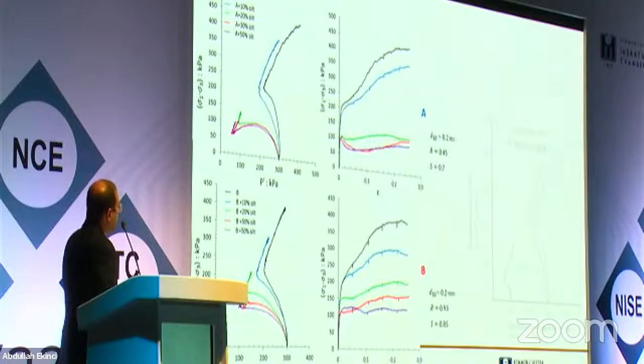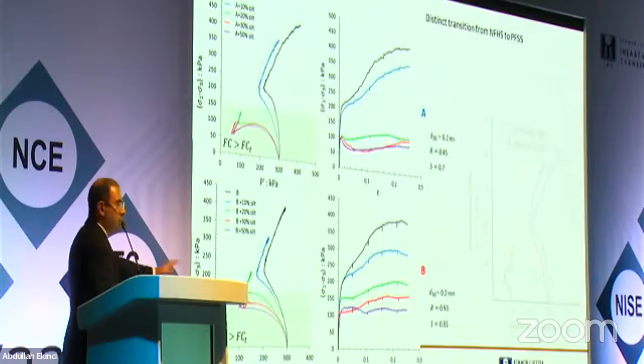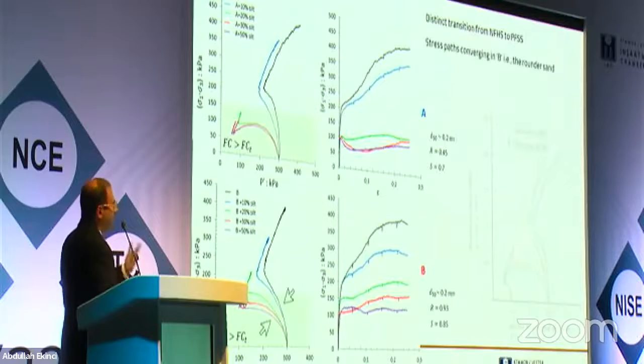On the right-hand side, stress and strain. As one would expect, as the fines content approaches the threshold fines content, and as we tip over to silty behavior rather than sandy behavior, the behavior changes slightly from non-flow to partial flow. The sand basically softens, and that's expected.